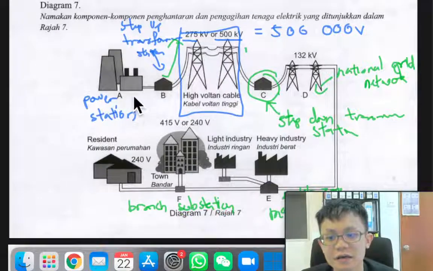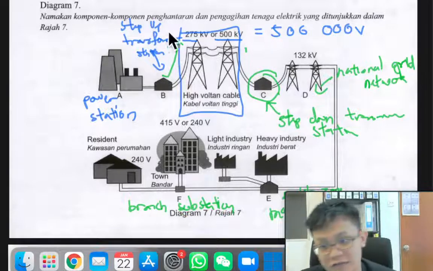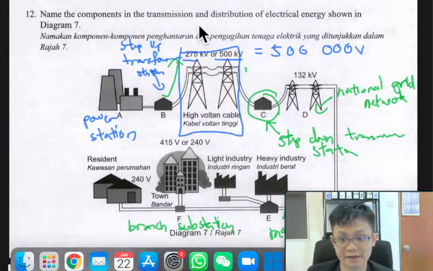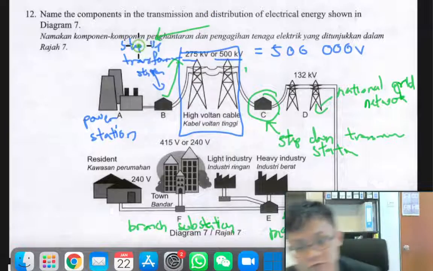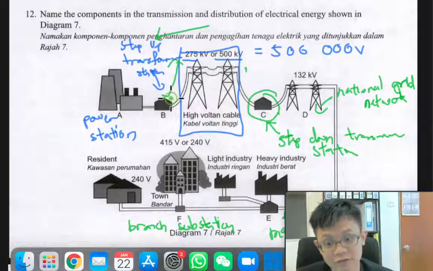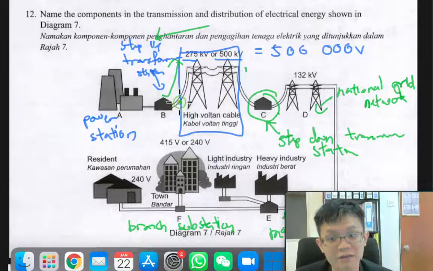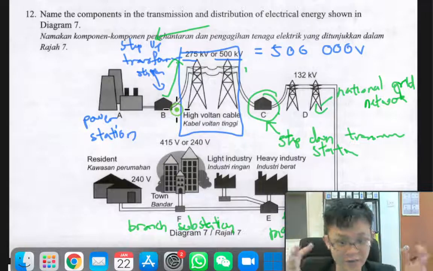Power station. Of course, you must go up with step up transformers, then step down. If the question asks why you want to step up, it is to reduce the energy loss. If you don't step up, you will waste a lot of electricity, because as the electricity travels, as I mentioned in the previous video, the wire just doesn't work. If you charge your phone with the cable, it works.